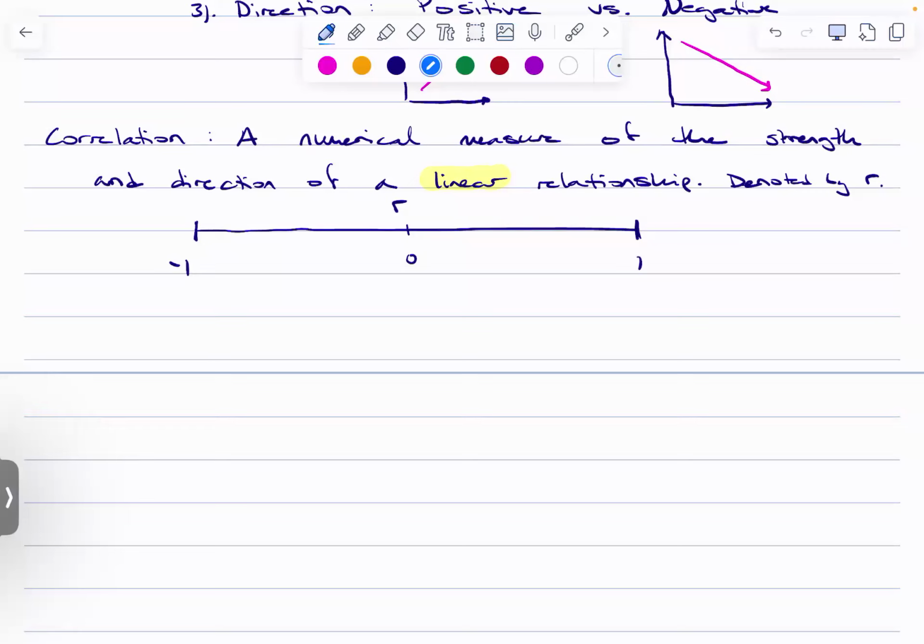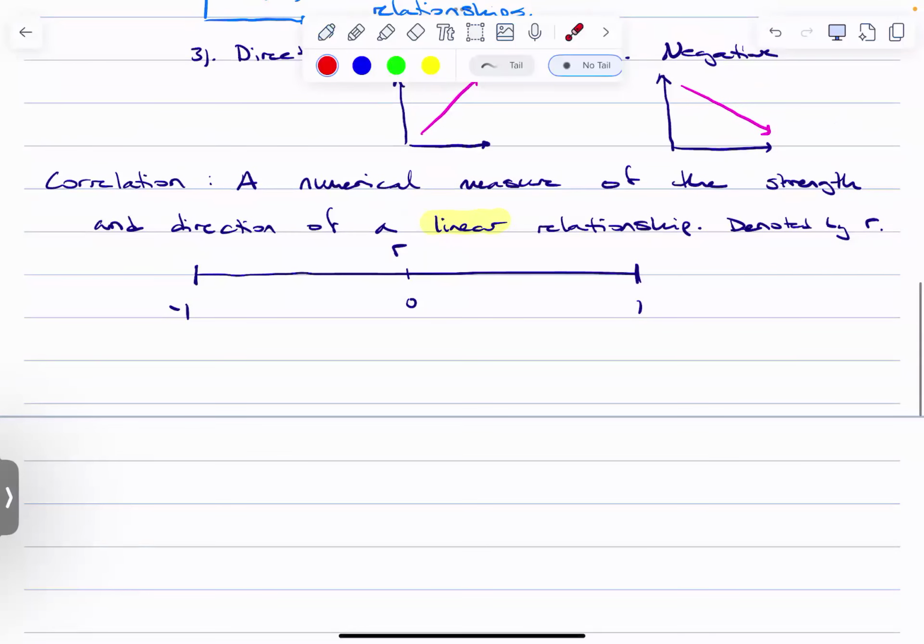Okay, so just as a guide, if the correlation is a numerical measure of the strength and the direction of a linear relationship, then reasonably the negative values tell me that I have a negative relationship, and the positive values tell me I have a positive relationship.